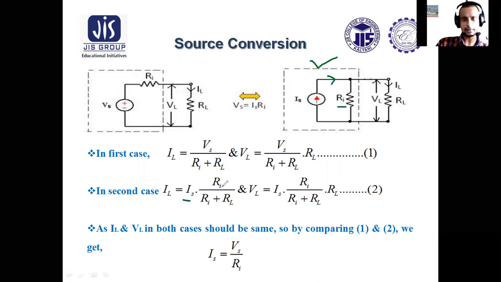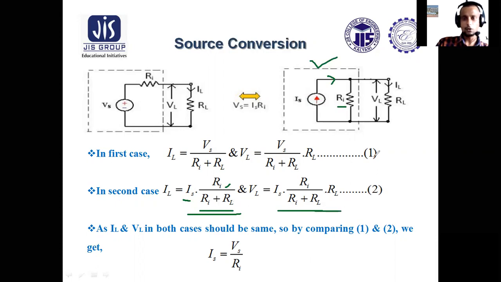So the opposite resistance Ri will be there, divided by Ri plus RL. This is as per the current divider rule. And as this is a parallel circuit, the voltage across RL and the voltage across Ri will be the same. Now what is VL? VL equals IL into RL. So VL equals Is into Ri by Ri plus RL, into RL.